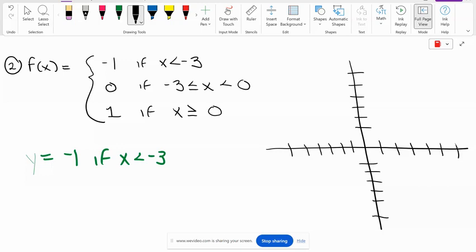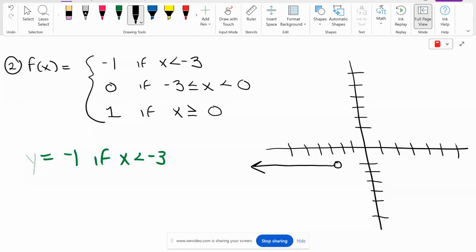At x equals -3. So 1, 2, 3, -1. And now, is there going to be an open circle or closed circle at (-3, -1)? Open circle. And then which way is my line going? To the right or to the left? We want x less than -3, so we're going to the left.